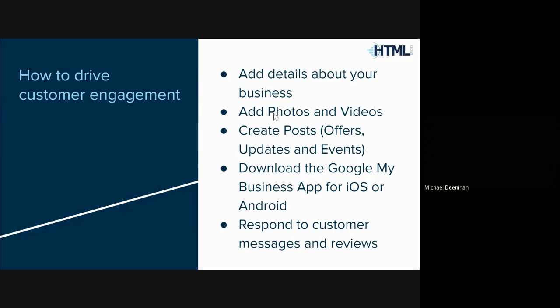Say you type in Mexican food near me, and 400 results come up. You're going to most likely look through those results and find the one that has the most reviews, the most photos, has details about what you want, maybe has a link to their menu. It's that stuff that drives that customer engagement.